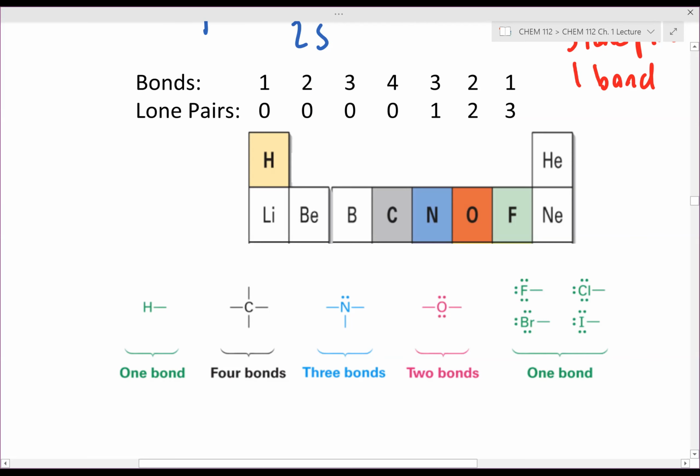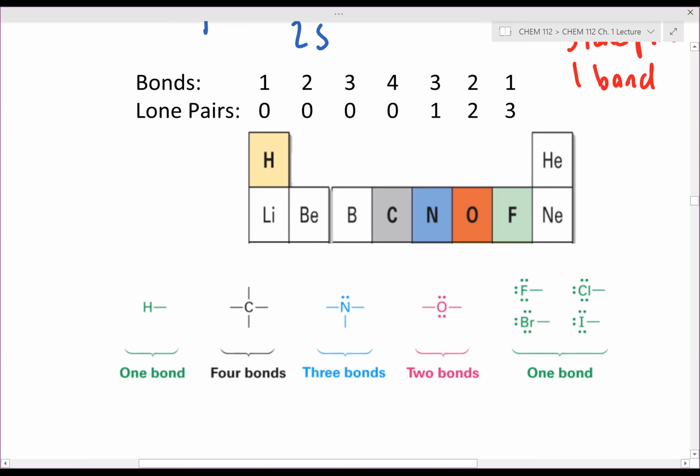Does that make sense? So it's not like we're picking a hybridization at random. The hybridization is based on the molecular shape and the bonding arrangement, right? Does that make sense? Okay. And we'll see this when we discuss the sp2 hybridization.